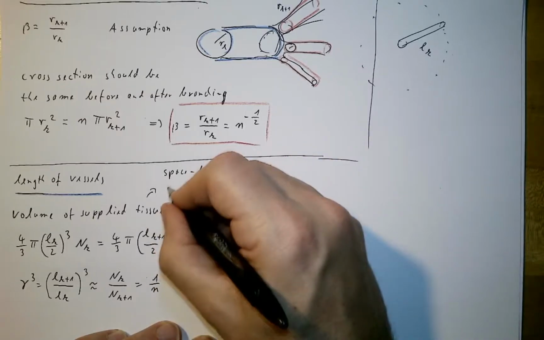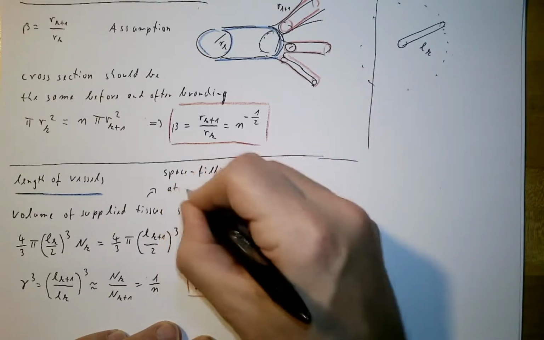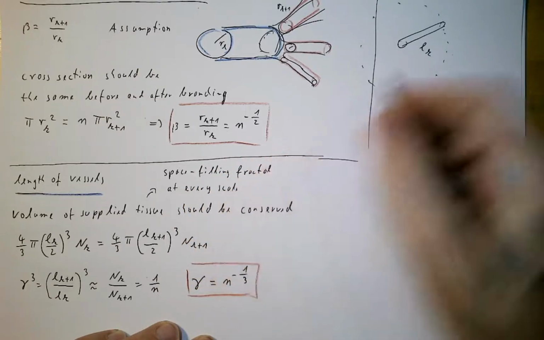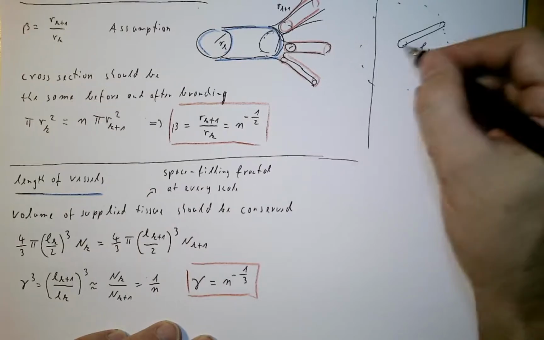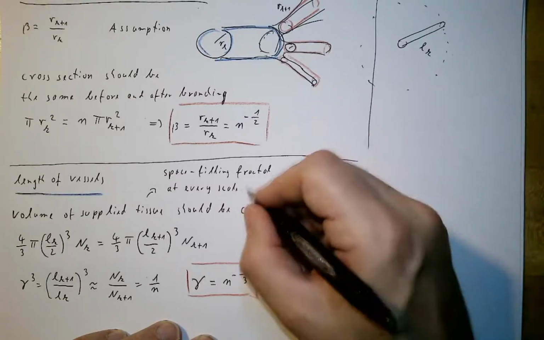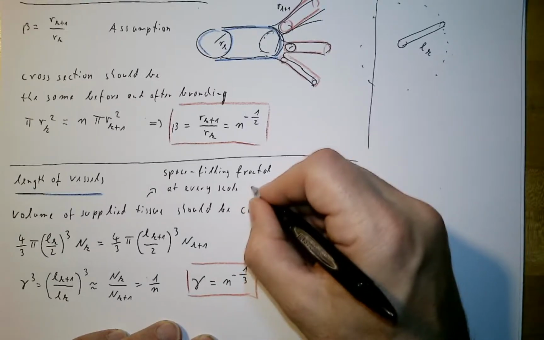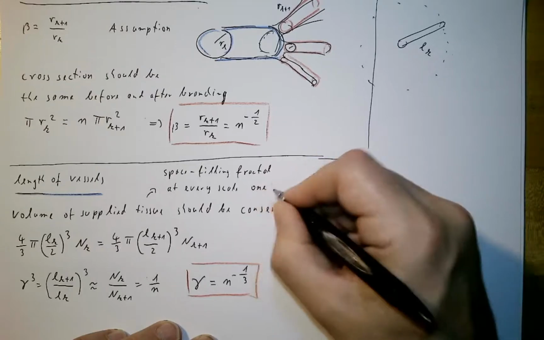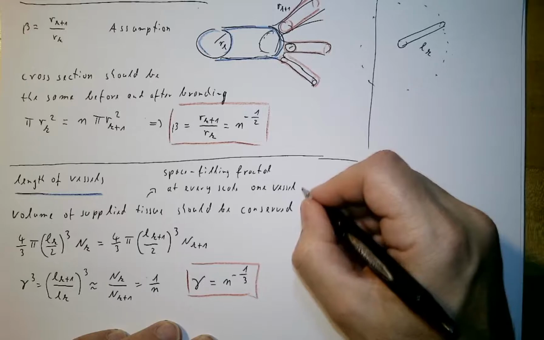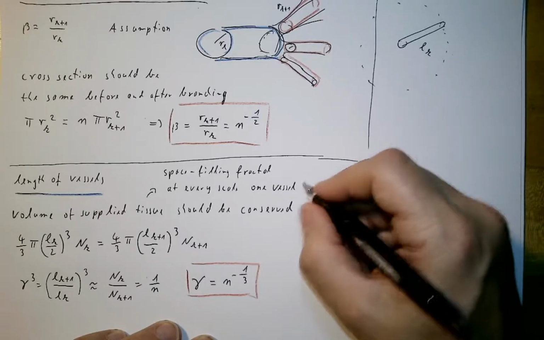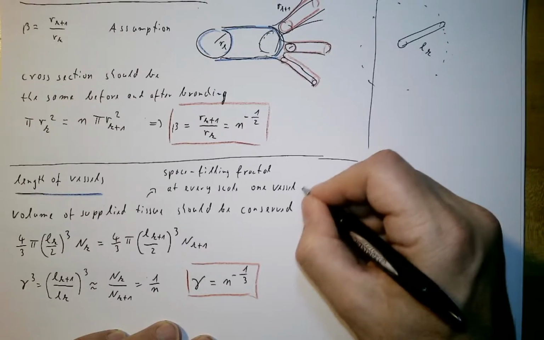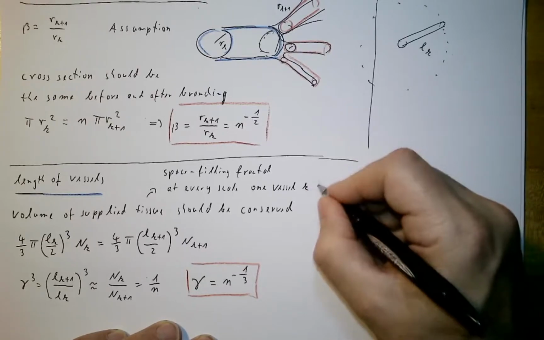At every scale, in this volume, we have just one vessel, the vessel at branch level K, which is supplying the tissue.